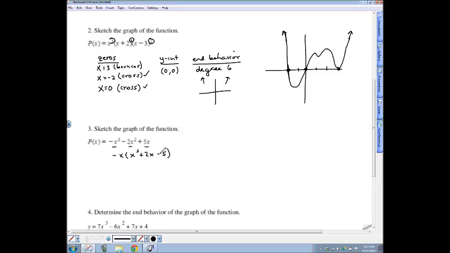So they still produce x-intercepts, because irrational numbers are real numbers. They're just decimals. Or this quadratic factor produces complex zeros, or imaginary zeros, that don't actually turn out to be x-intercepts. In both cases we'd have to use the quadratic formula anyway.